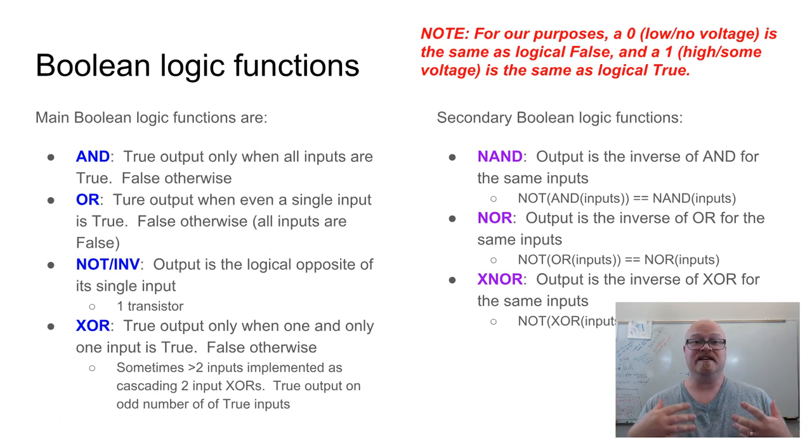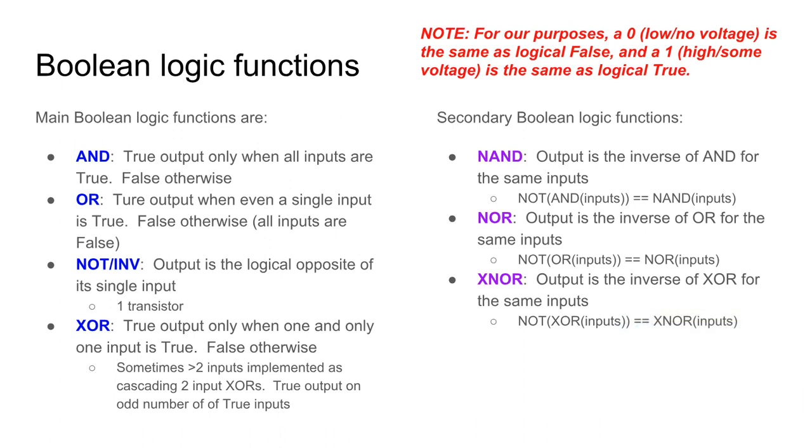And so that gives the effect, in a sense, of having a 3-input exclusive OR. However, this does not produce the same logical output as true when one and only one of the original inputs is true. Instead, when you do a cascading series of exclusive ORs, what you're going to end up with is something that produces a true output if an odd number of its inputs are true.